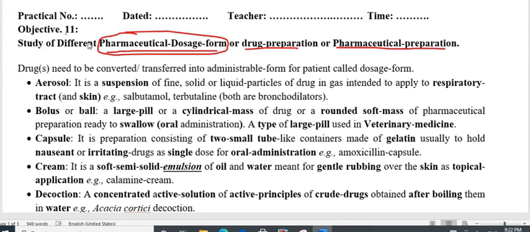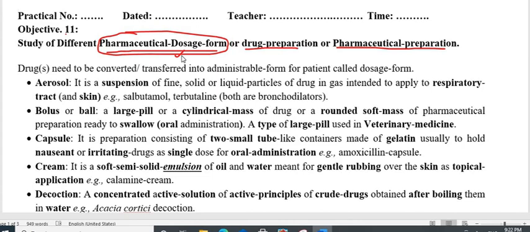So as the name is clear cut indicating, dosage form are the form of drug which making a drug in administrable form to the patient is called dosage form.